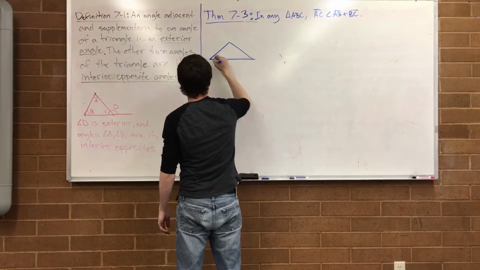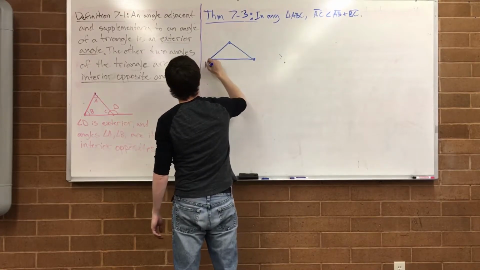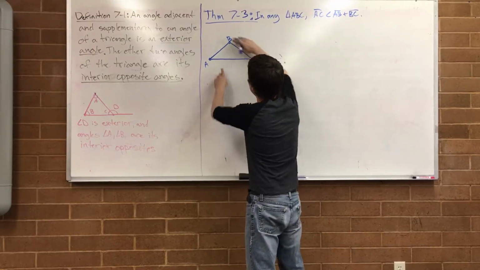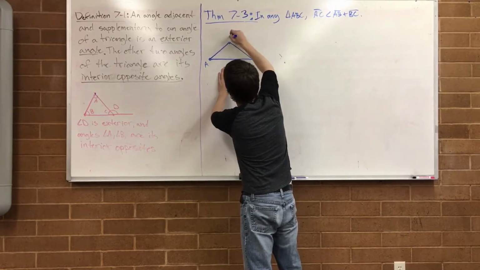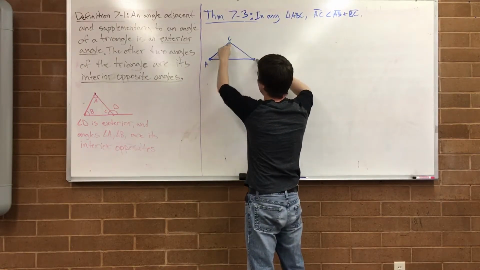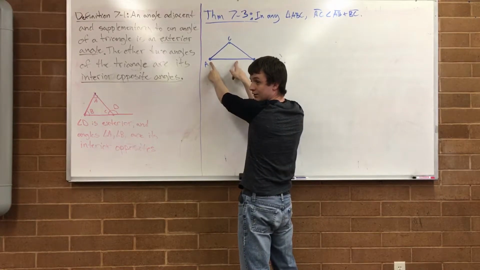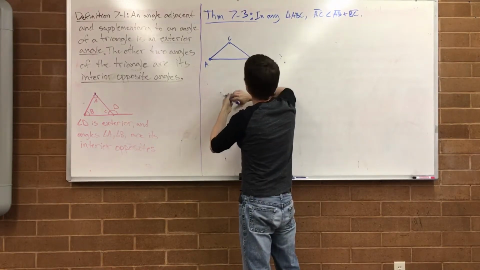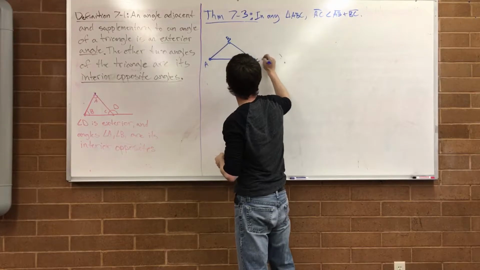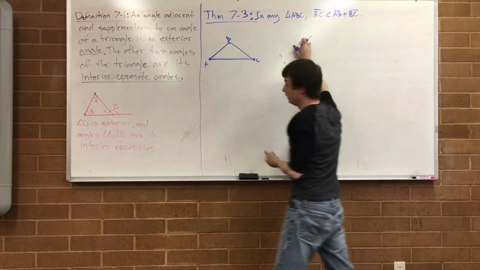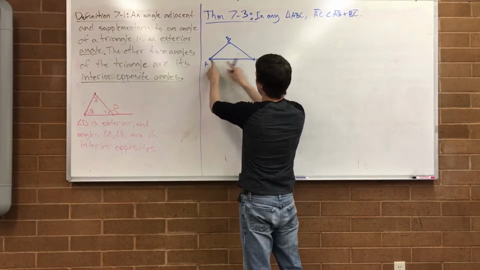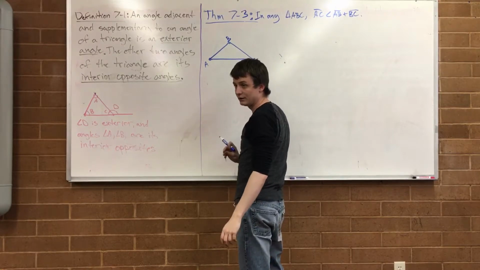So here's some triangle A, B, C. If I were to make that C and this B, obviously that side is shorter than the sum of these two sides because it's shorter than this side already. So we want to take AC to be the longest side of our triangle and show that the theorem's still true even for the longest side. Even when we let AC be the longest side, the sum of the two smaller sides is still greater than the longest side. Does that make sense? Yes.